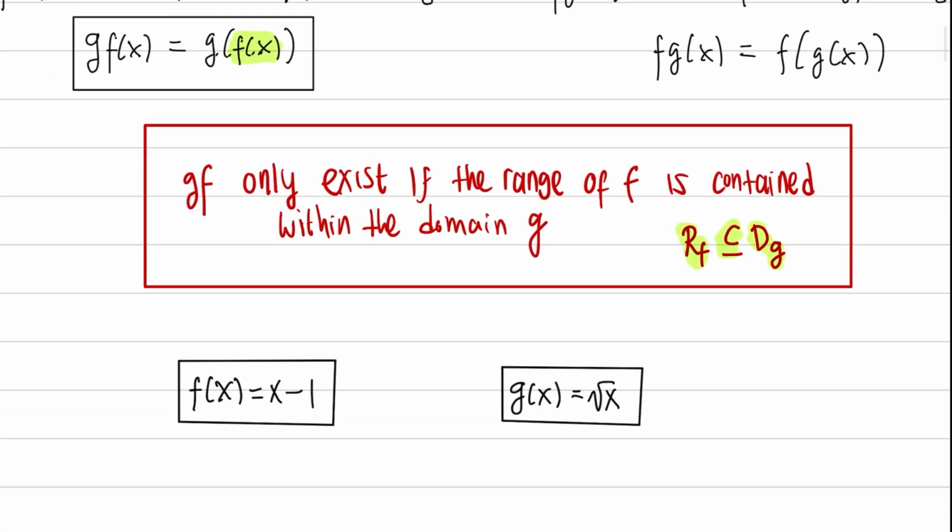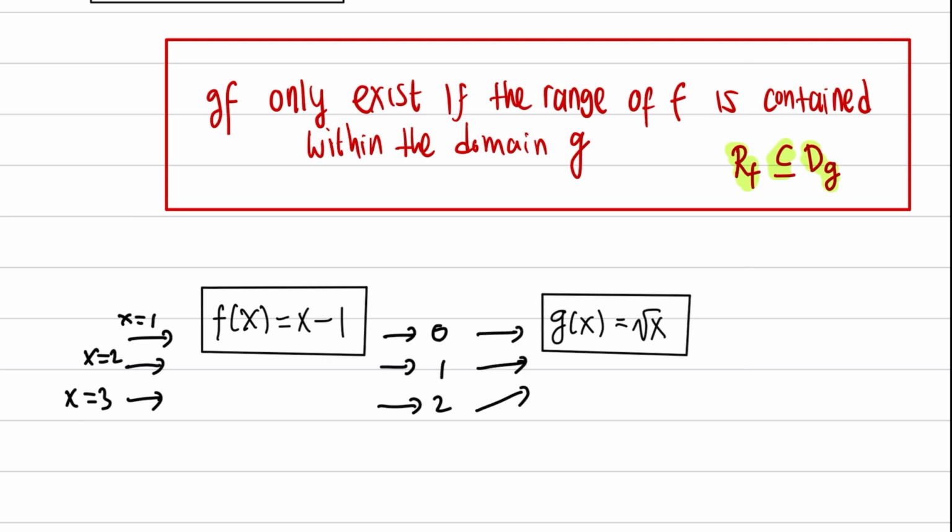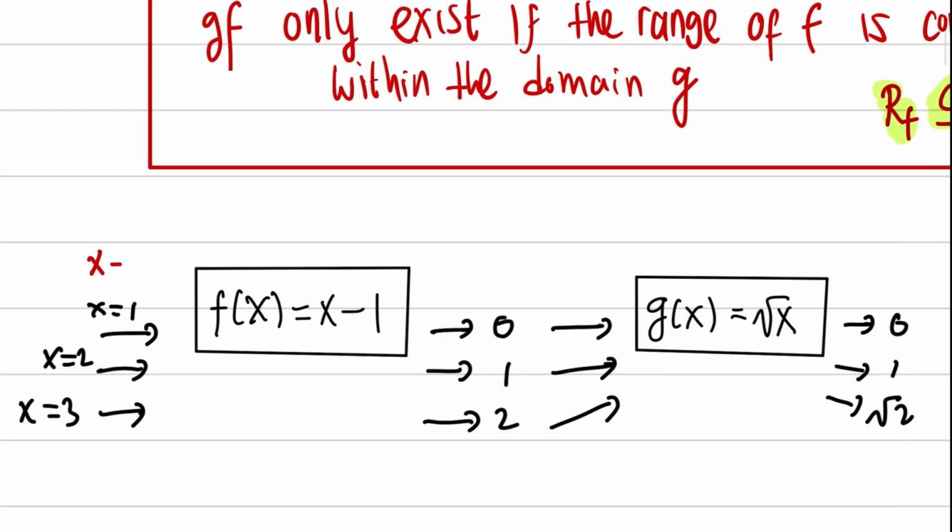What does it mean by that? It means that, for example, before we used this example and we put x equals 1, x equals 2, x equals 3 into our machine, and we will get 0, 1, and 2. And we put it into our second machine and we will get the output, which is 0, 1, and square root of 2. But what if I put x equals 0?